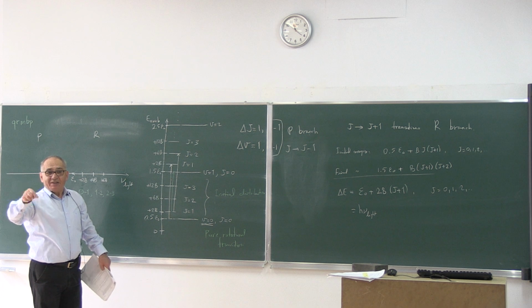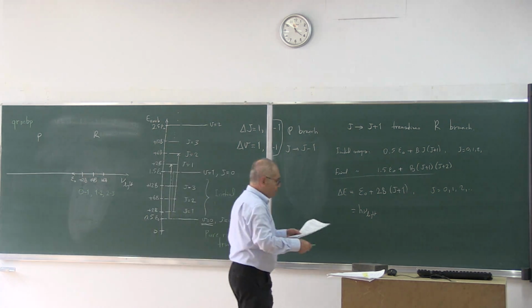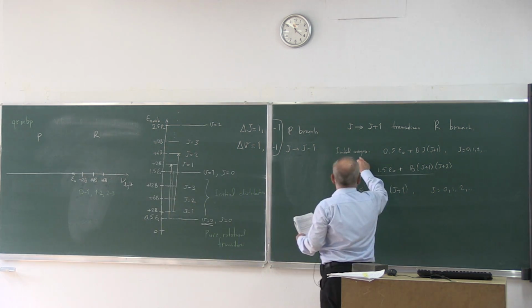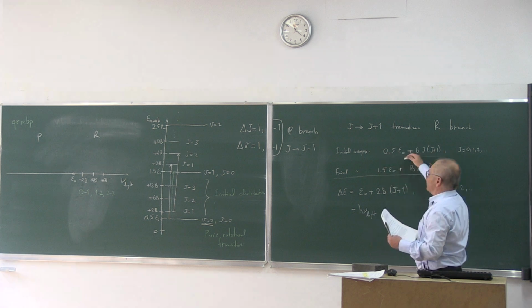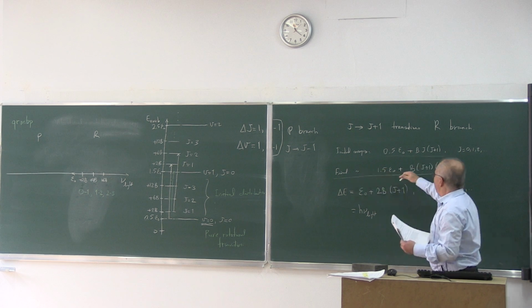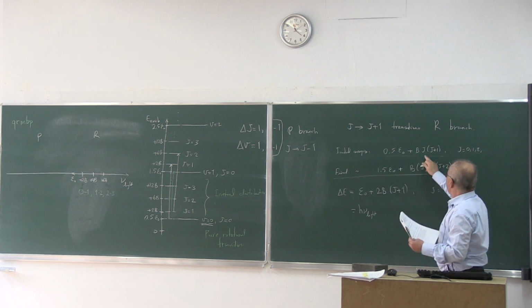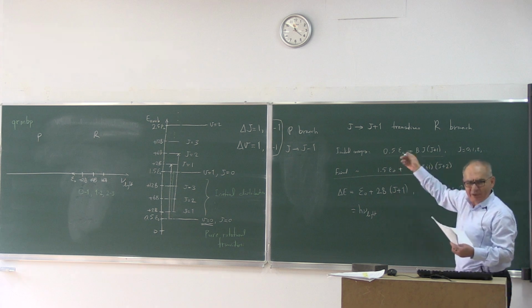In other words, delta J is minus 1, isn't it? So, we write this expression, initial energy. Now, for the final energy, we put J minus 1. Replace J with J minus 1.